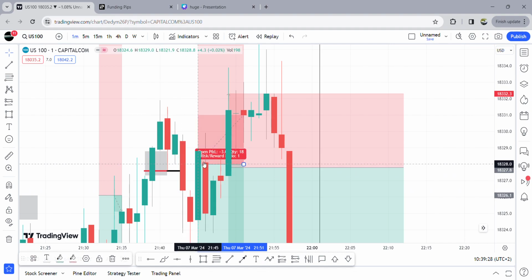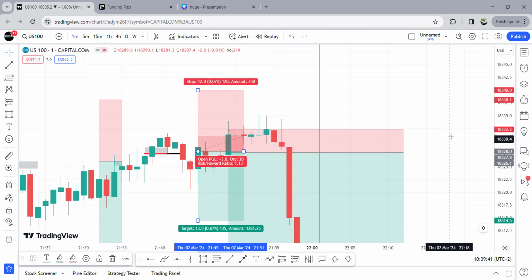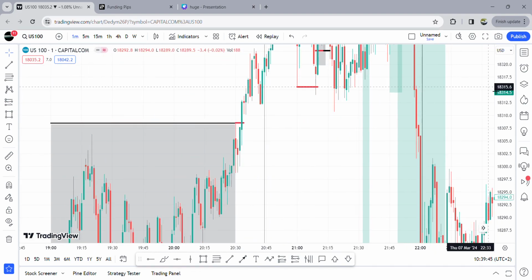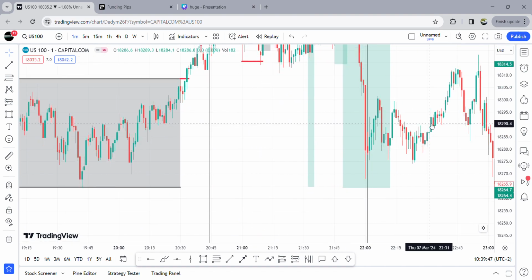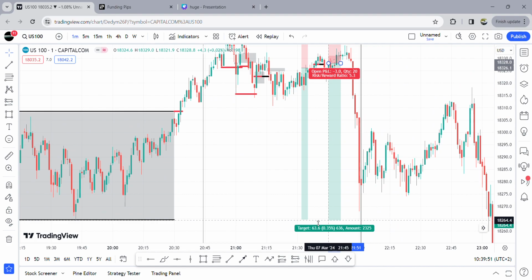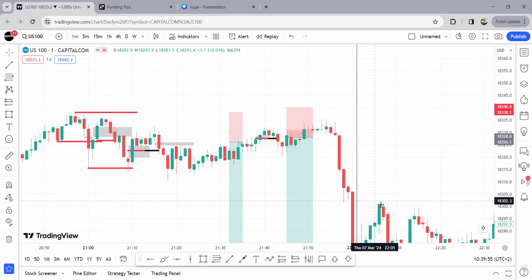Obviously when it retraces back into it, 12-point stop. 120. Target again, the low of the liquidity. Let me raise this one. 1 to 5.3.